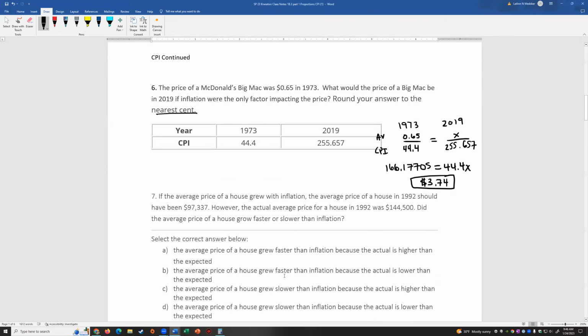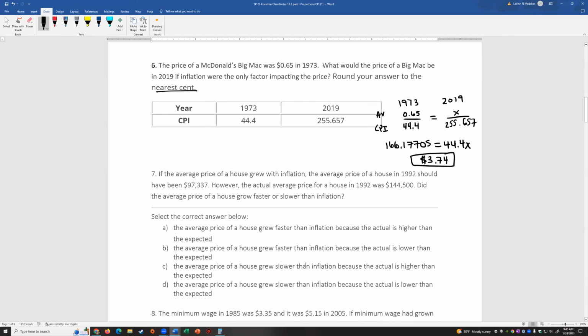Now this question is asking you if something actually did follow inflation or not. It says, if the average price of a house grew with inflation, then the average price of a house in 1992 should have been $97,337. However, the actual average price for a house in 1992 was $144,500.